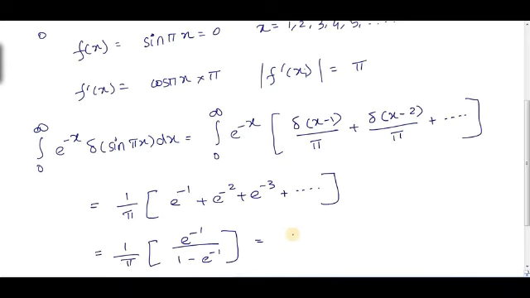Further, if I simplify this, okay, I think I need not simplify, we are going to add that, right?